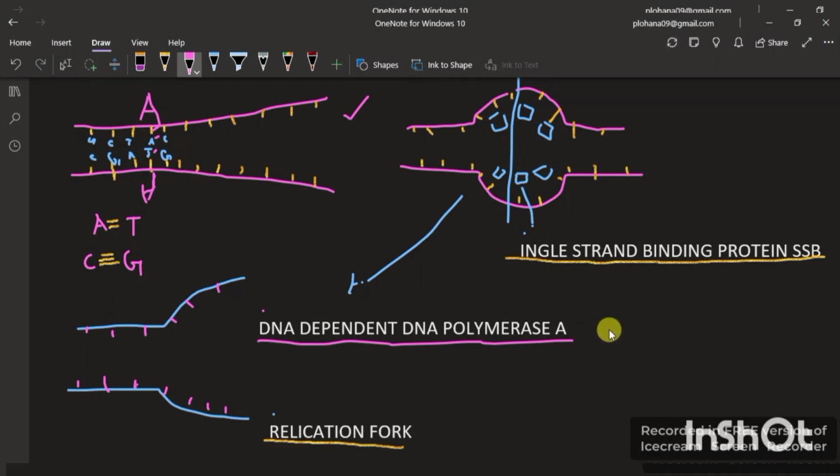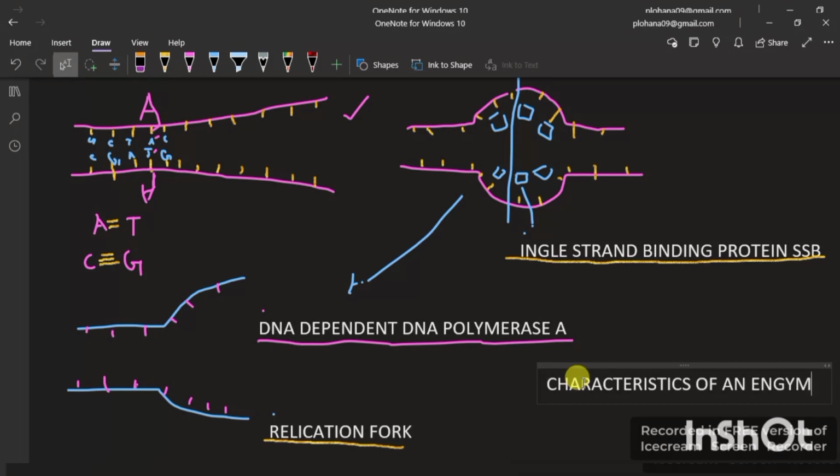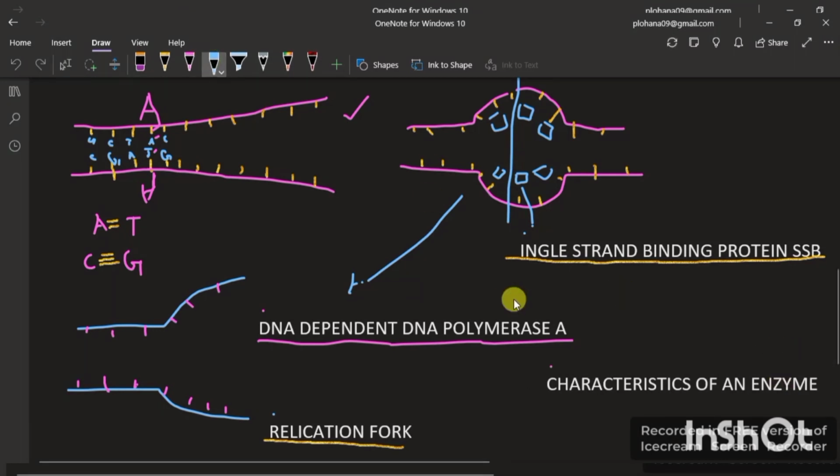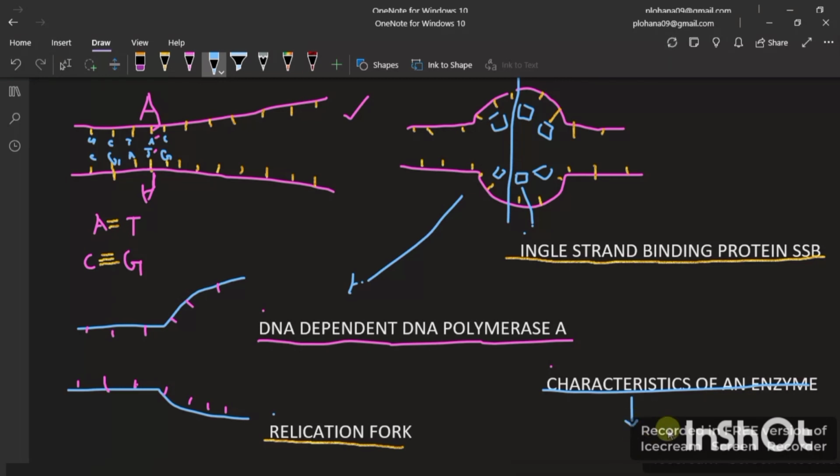So here I'm just going to write the characteristics of this enzyme, DNA dependent DNA polymerase.